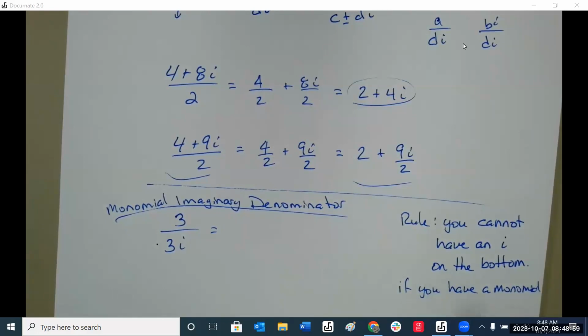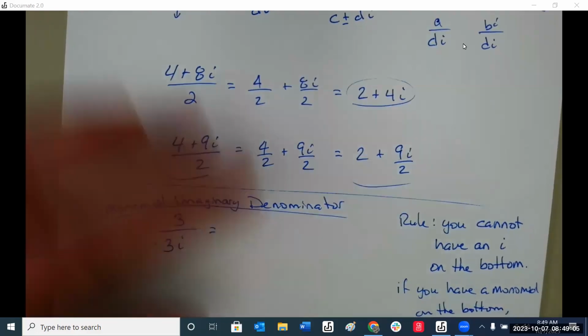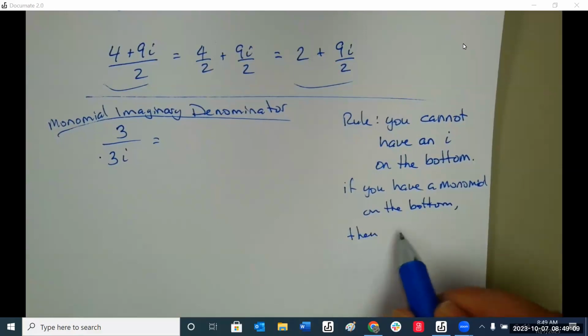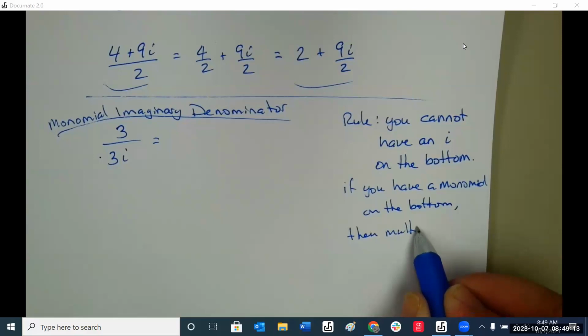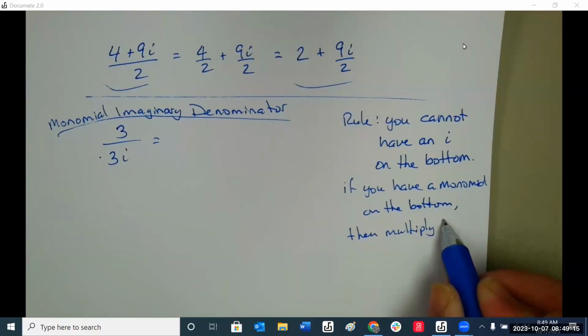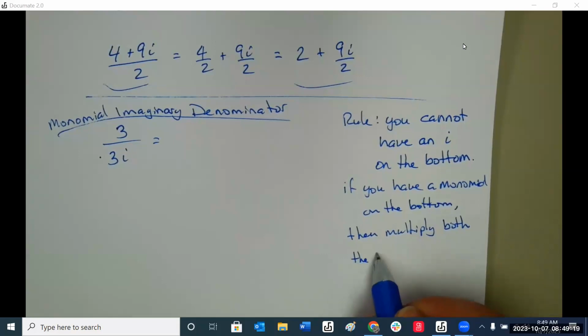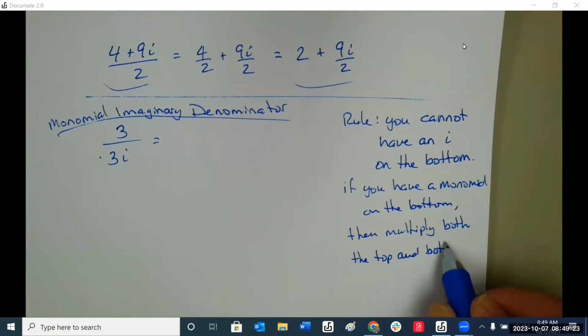If you have a monomial on the bottom, then multiply both the top and bottom by I.